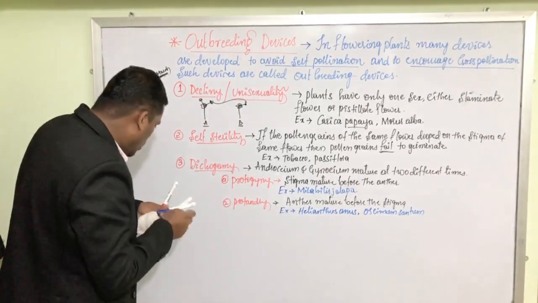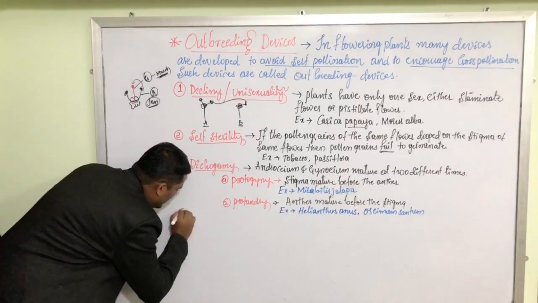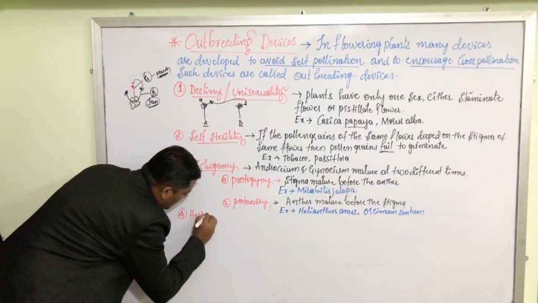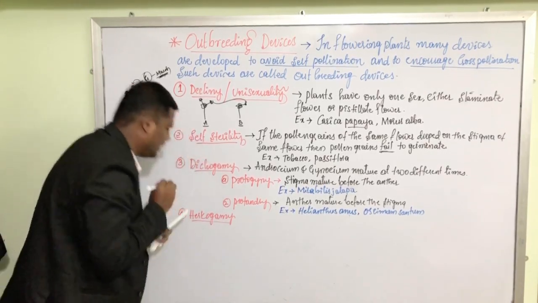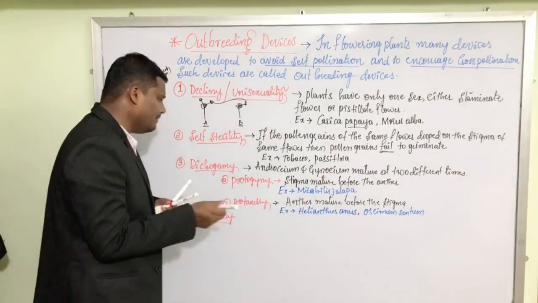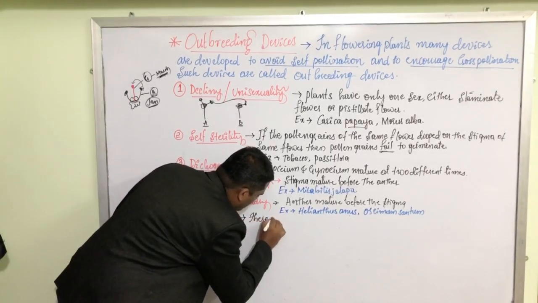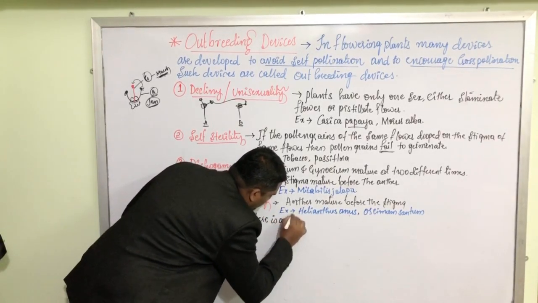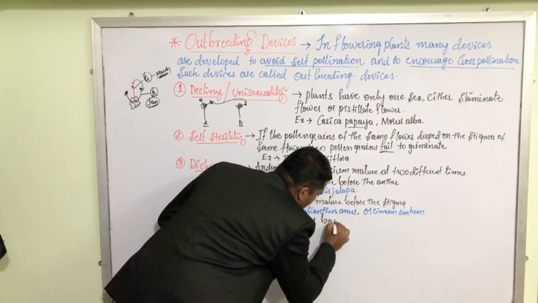And the fourth type of outbreeding device is herkogamy. Herkogamy means there is a physical barrier.